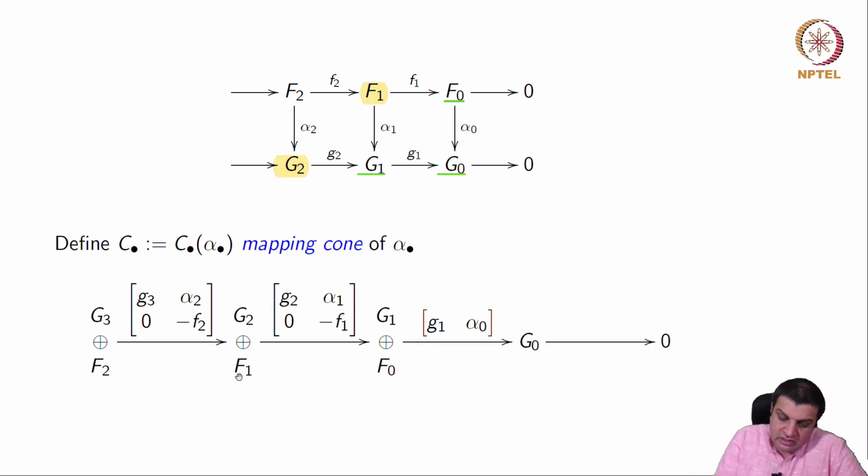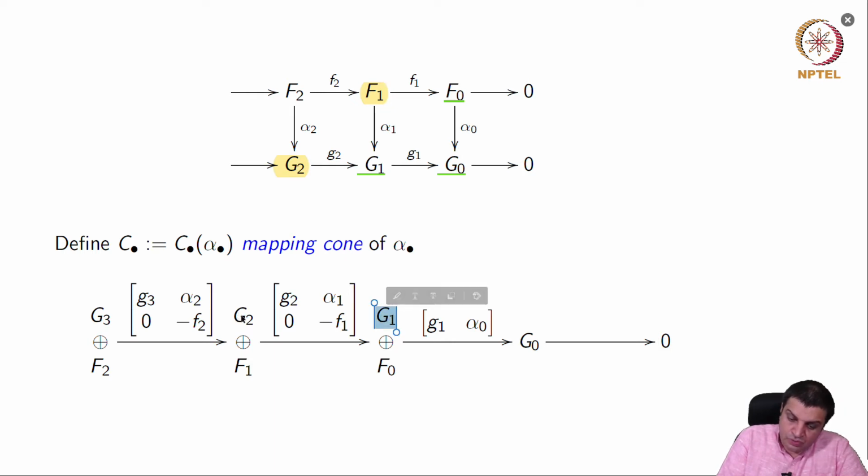This is written like a matrix, but it's not exactly a matrix. It is just a convenient way of writing because it's a map from a direct sum. So G2 direct sum F1 to G1 direct sum F0. From the first part here to the first part here, which is G2 to G1, we have the map g2. Then from the first part here to F0, the second part, there is no map, so it is 0.